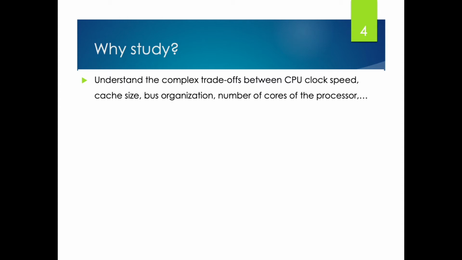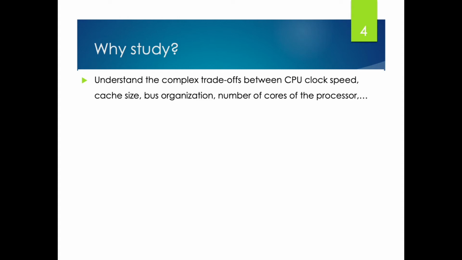Another point relates to bus organization. There are transmission lines between the CPU and the memory. And if you want to increase the data rate, that means the transmission speed between the CPU and the memory, we need to increase the number of bits, or we can say the bus width.